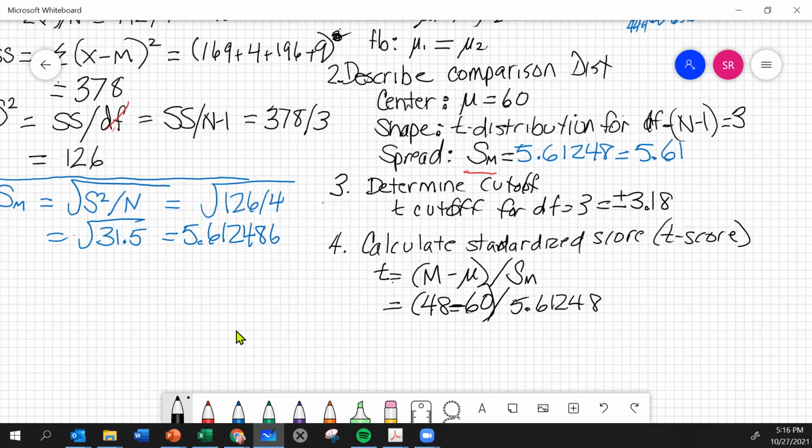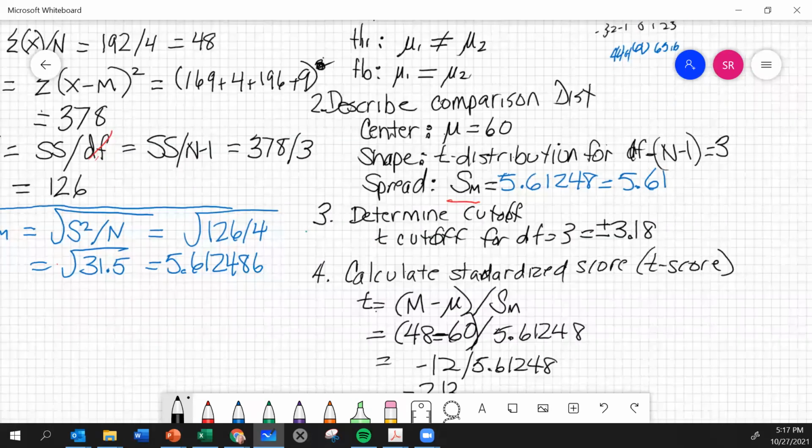And in this case, we run that calculation, equals -12 divided by 5.61248. And we discover that our sample score is -2.13.